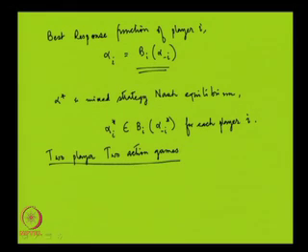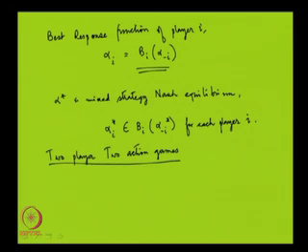Then we shall try to see whether we can use the intuition from these two-player, two-action games for games which are more complicated, where there are more than two actions or maybe more than two players.